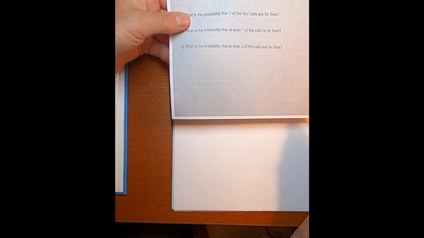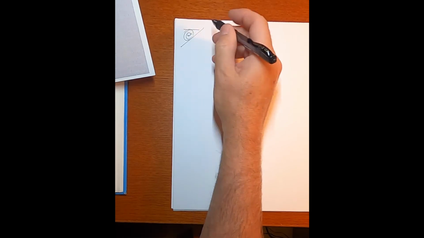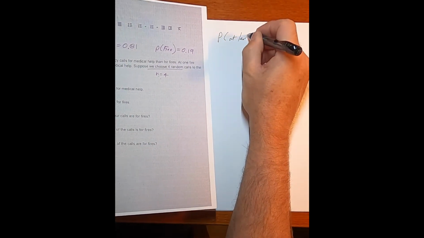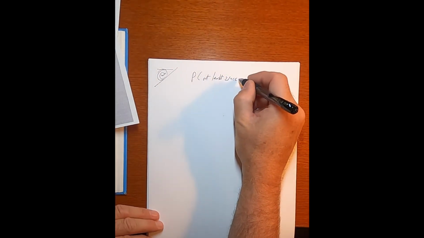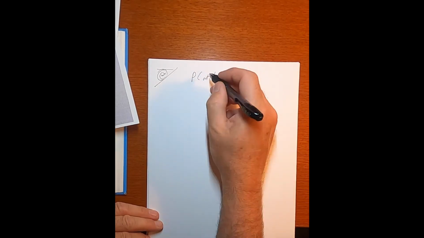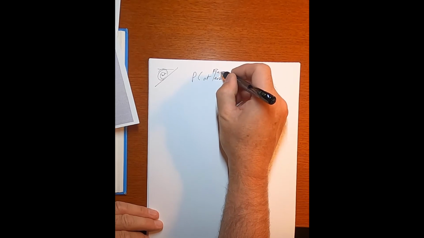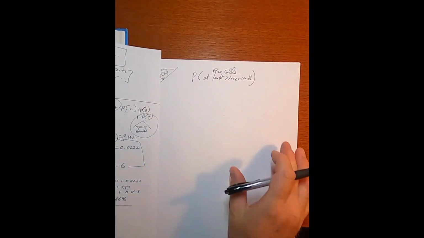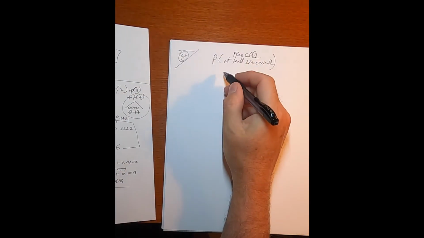All right, the last problem here, goodness gracious, is problem E, and that's asking what's the probability of at least 2 successes. We define a success as a fire call, so at least 2 fire calls. The formula, we don't need to rewrite it. We have it here again.